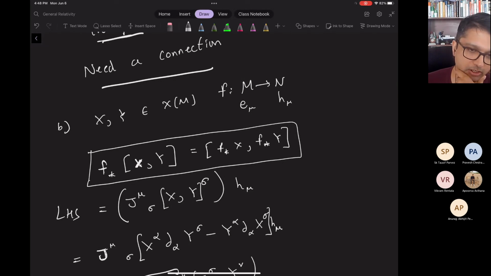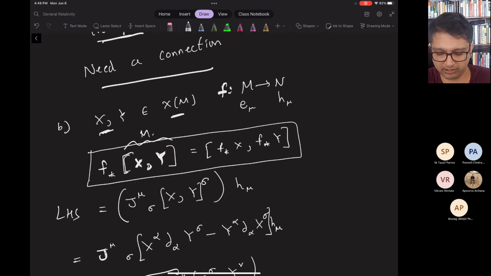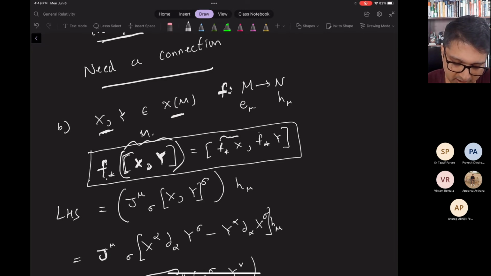Okay, so some additional properties. If X and Y are smooth vector fields and f is some map from M to N, then the Lie bracket of X and Y is a vector field on M. Now we can use the map f to push forward this vector field from M to N. The claim is that the push forward of this entire vector field is the same as if I had first pushed forward X and then pushed forward Y and then taken the Lie bracket.